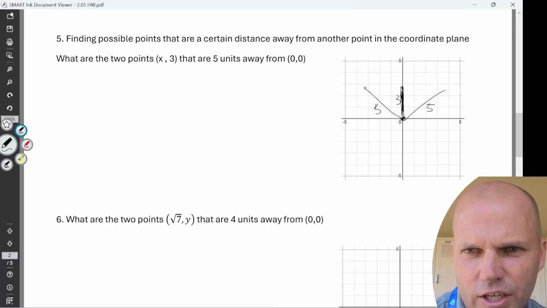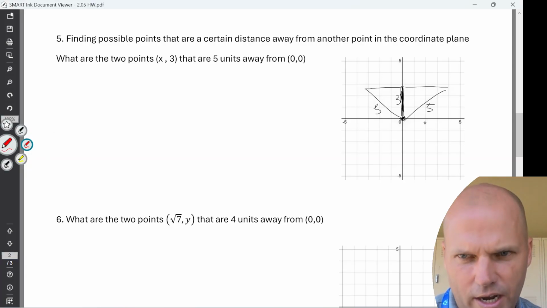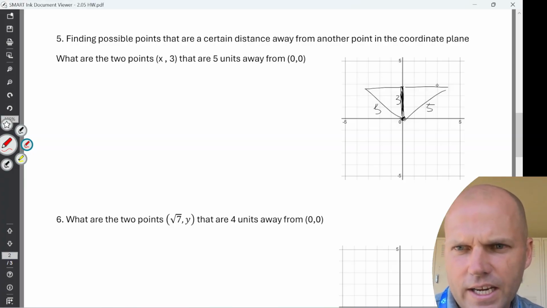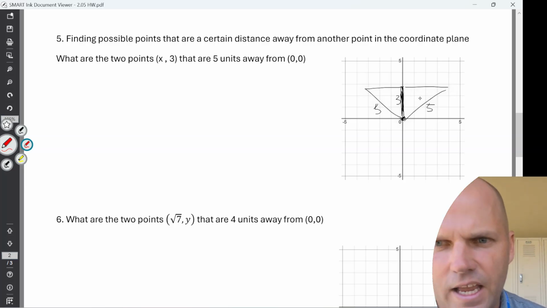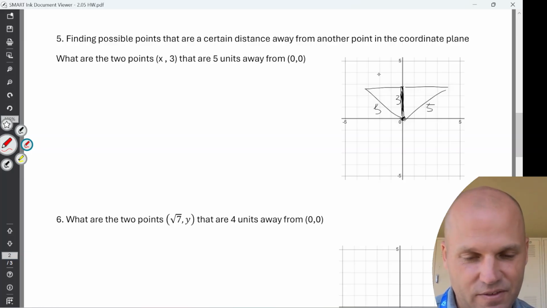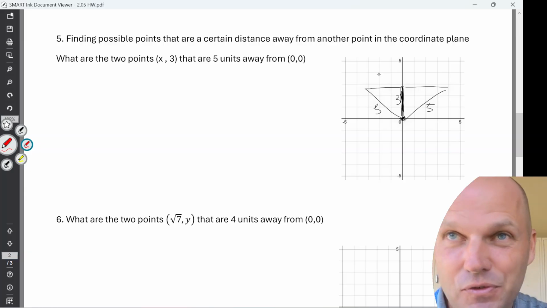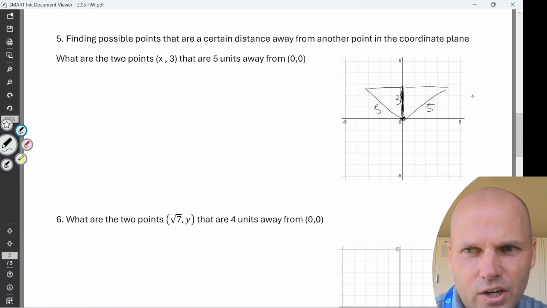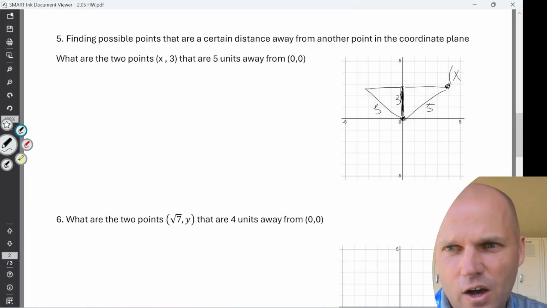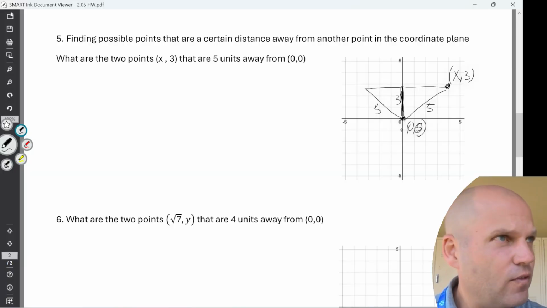Now, here are 2 things we could do. We could set up our triangle, find the leg length, and then go that amount of the leg length to the right and that amount to the left. Or we could understand the following. We have this x, 3, we have this point 0, 0, and we have this length 5.